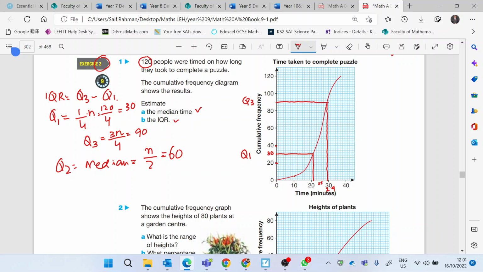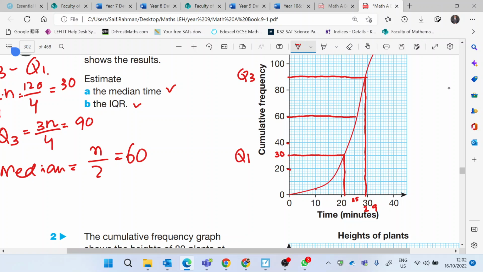So at the 60th frequency, when we see the minutes, it is at 25 to 26. So our median is 26 minutes.